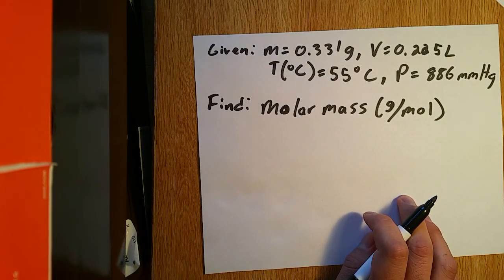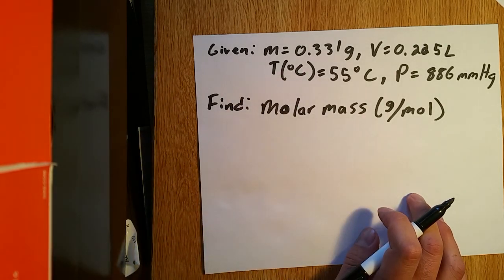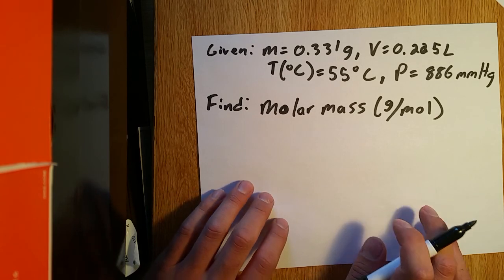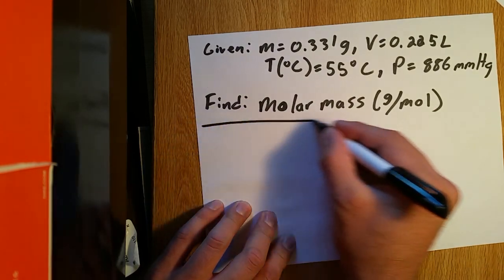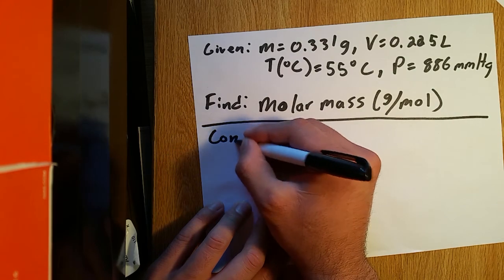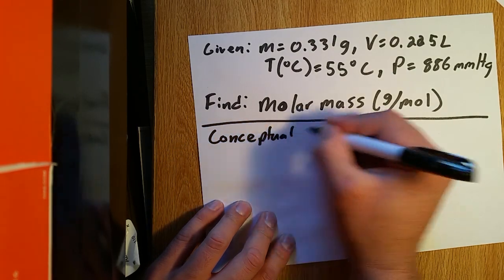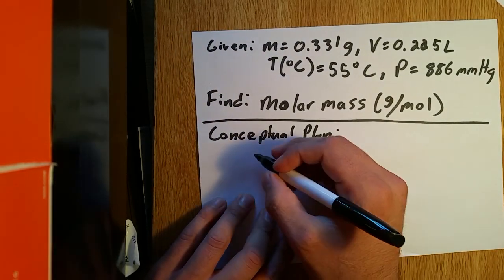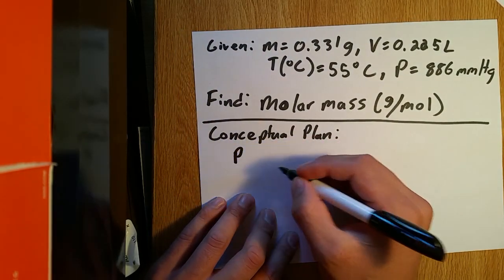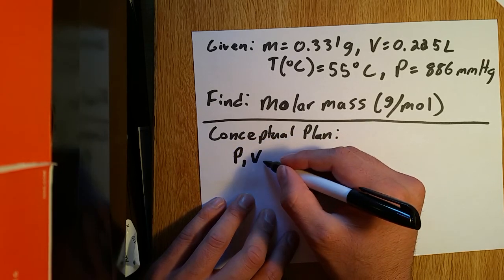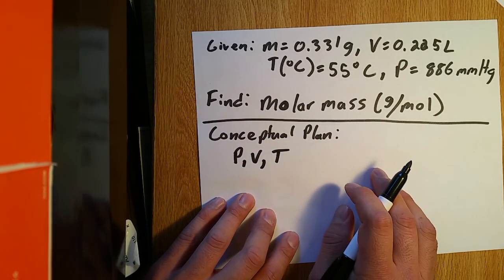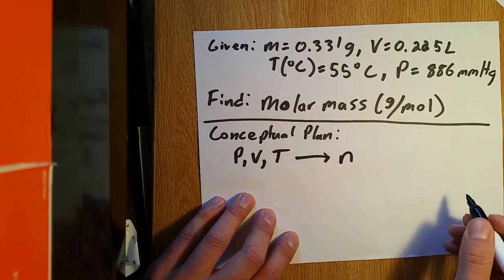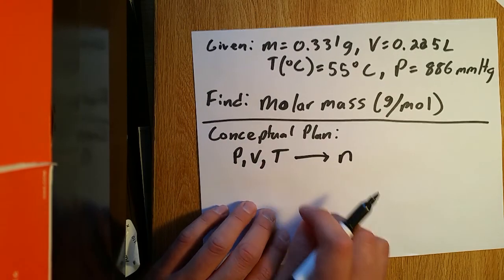So now that we know what we've been given and we know we want to find the molar mass, it is time for us to strategize and make a conceptual plan. We have been given P, volume, and temperature. We need to somehow convert that to moles, n.